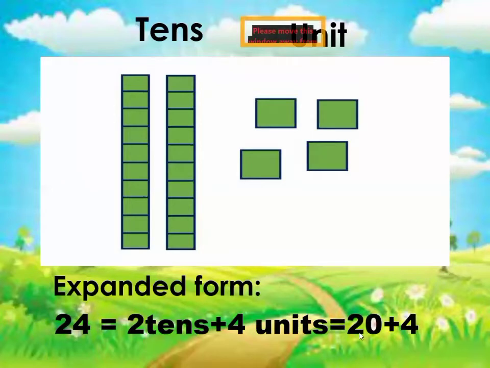So 2 tens means 20 and 4 units means 4. So the expanded form of 24 is 20 plus 4.